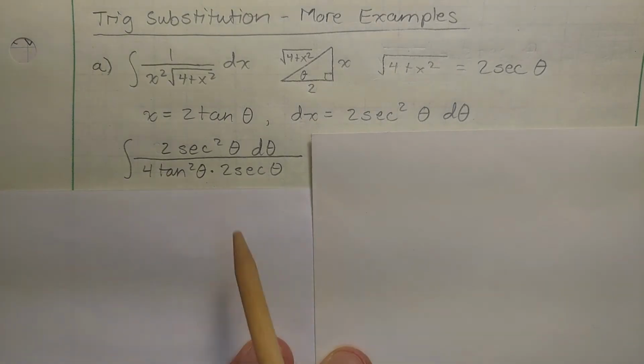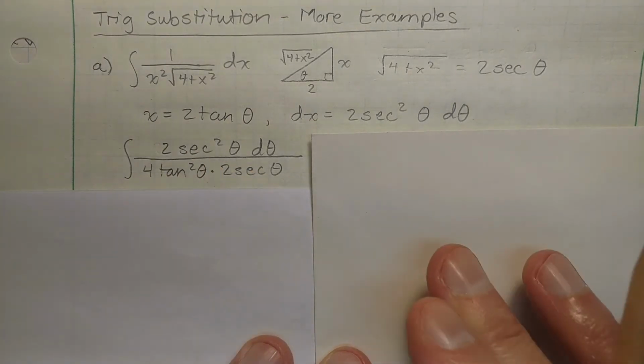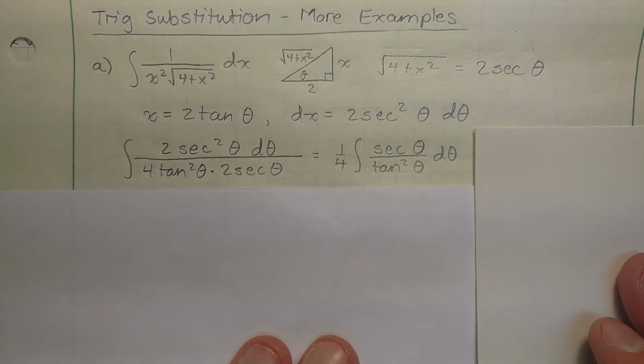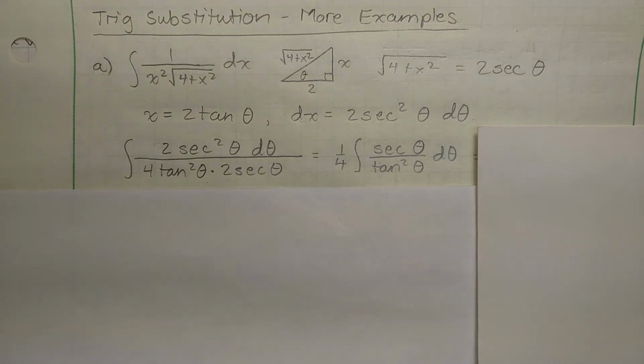Right away, I see that a secant cancels with a secant. The 2's cancel, and it is a 4 that factors out, so I have the 1/4 in front. And notice I've got 1 secant in the numerator and a tangent squared in the denominator.